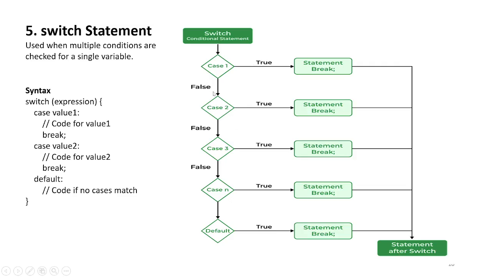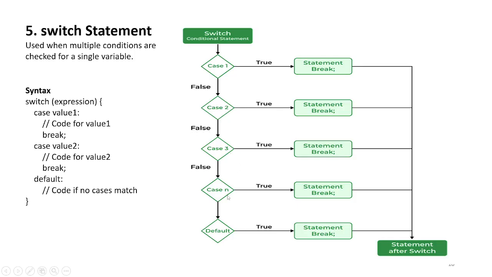If it's false, then check case 2, check the condition inside it, and if it's true, then execute the code inside it and break. But break the switch case statement, actually, not the program. Go out of the switch case statement, that is the thing.